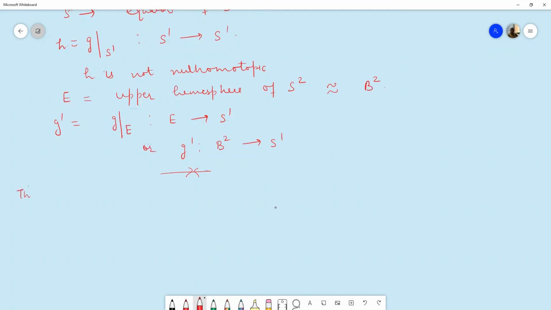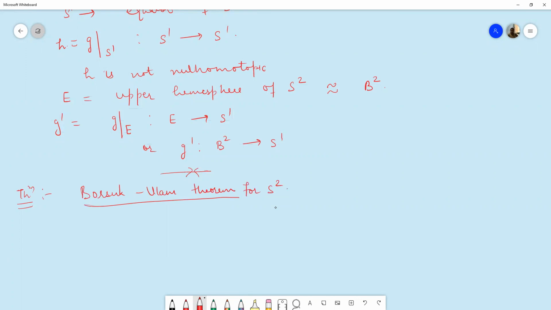So now we come to the Borsuk Ulam theorem, which is our main result of the section. Borsuk Ulam theorem for S2.